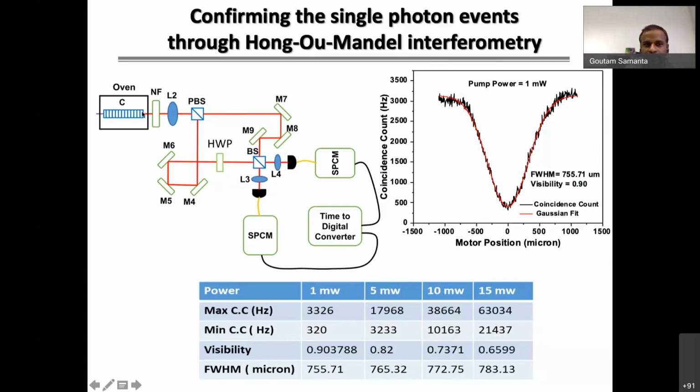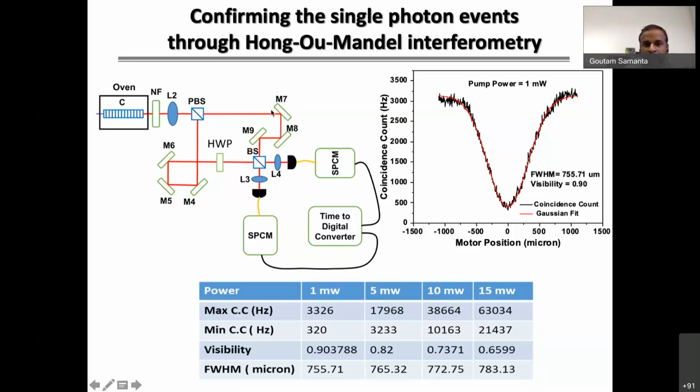So what is happening? We have this SPDC process, and then using a PBS, polarizing beam splitter, we split these pair photons, one in this direction and another in this direction, and then we interfere them at the beam splitter.